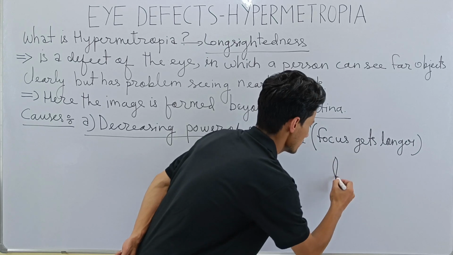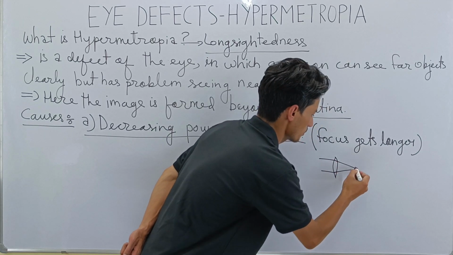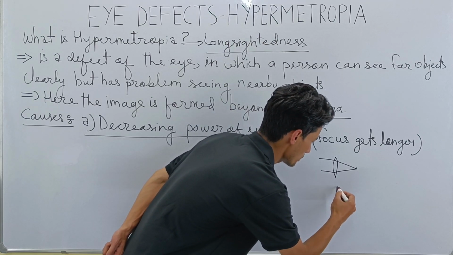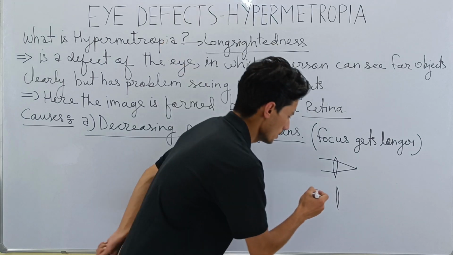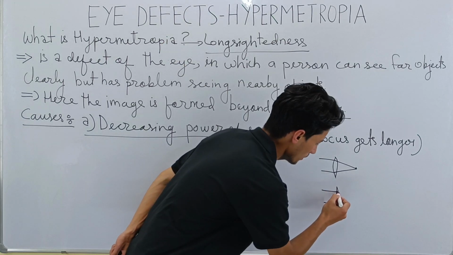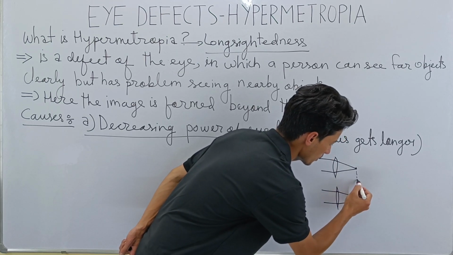So for a normal lens, the rays converge here. This is the focus. Now this is hypermetropic. The lens has weak converging power, so the same rays coming to the lens will converge here. Now check out the distance.